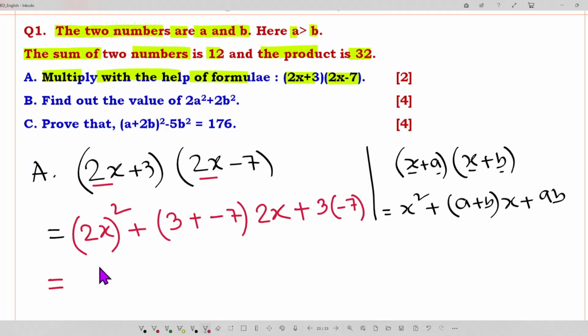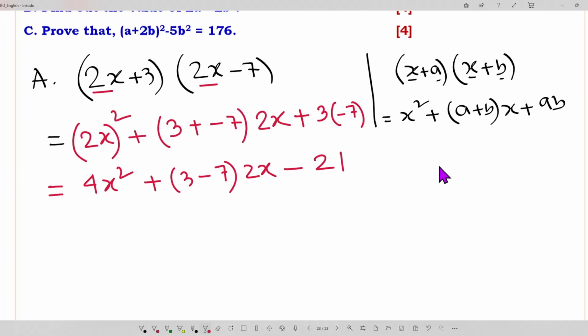So what will happen now? 2 square is 4, and x square, plus 3 plus minus 7 times 2x, and here plus times minus is minus, 3 times 7 is 21. So finally here is 4x square, and 3 minus 7 is minus 4, minus 4 times 2 is minus 8, so 8x minus 21.